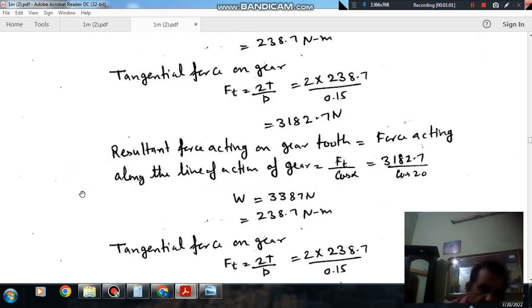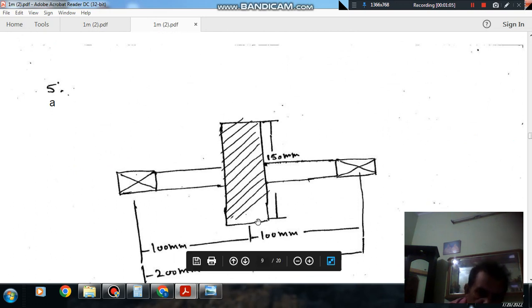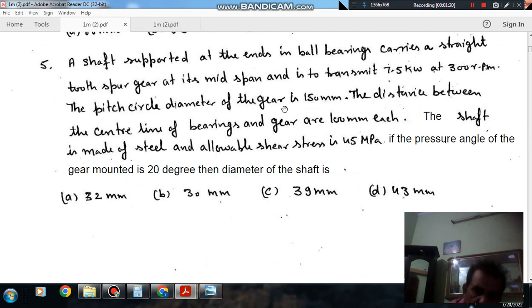So this is the shaft and a gear is mounted on it. Its pitch circle diameter is 150 mm. Then these are the two bearings, and the distance between the center line of the bearing and gear is 100 mm each. So this is a schematic diagram according to the statement given.